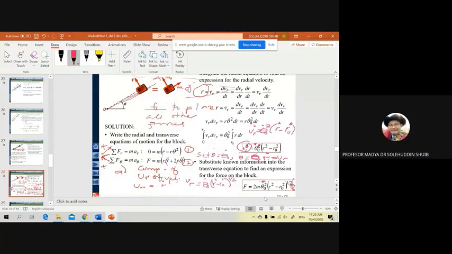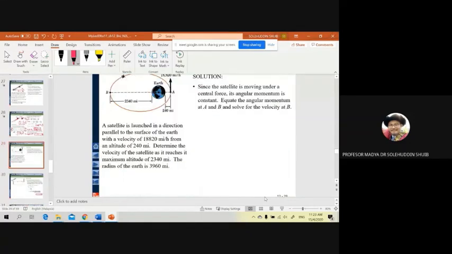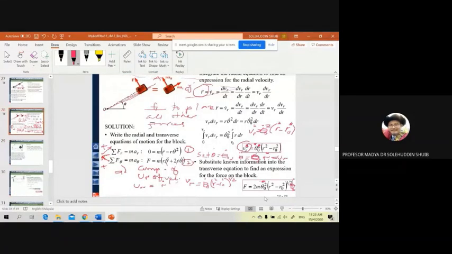Then you can substitute the values and get the answer. To make it clearer, I will WhatsApp you the detailed solution of it. If you still don't understand, maybe you can clarify again.